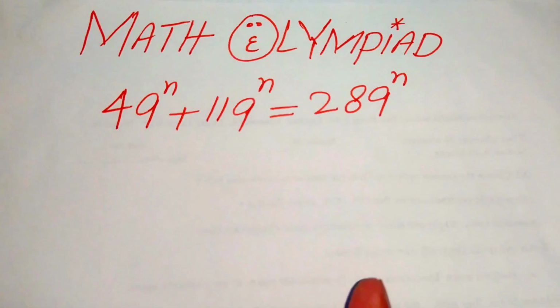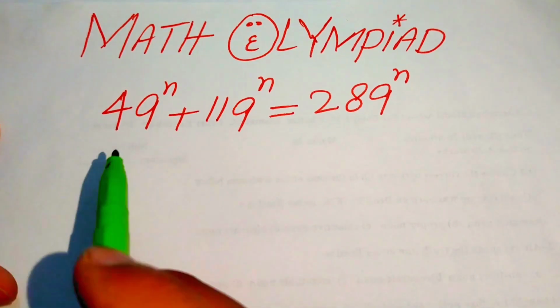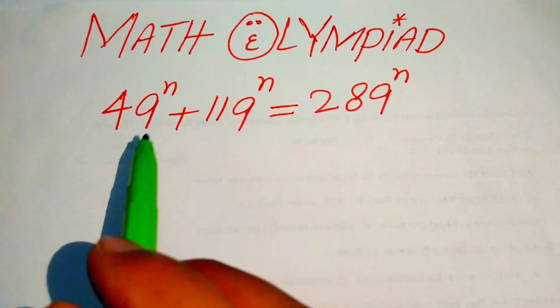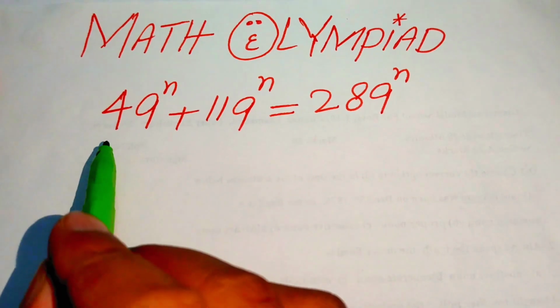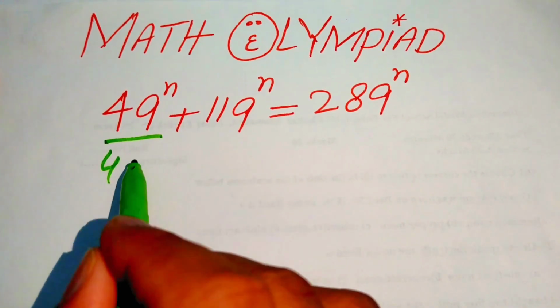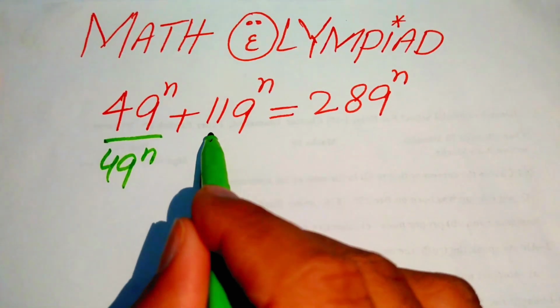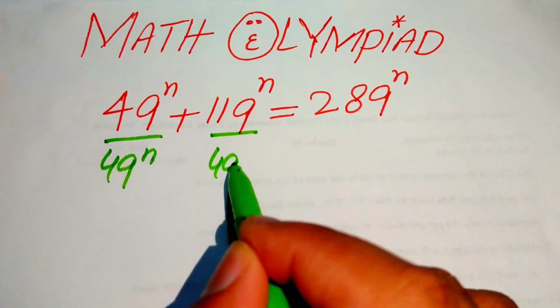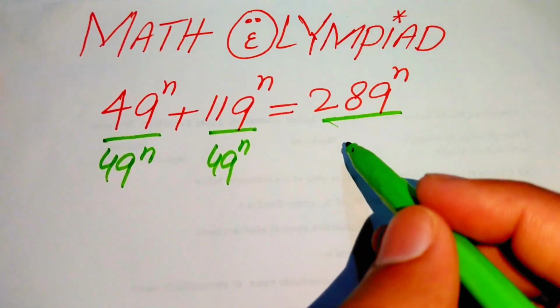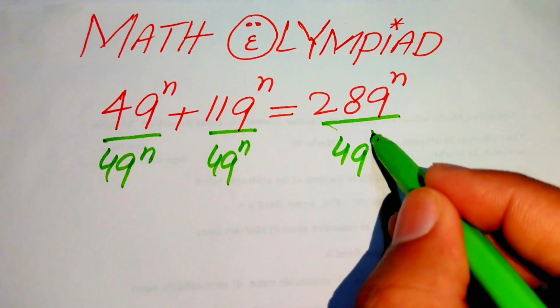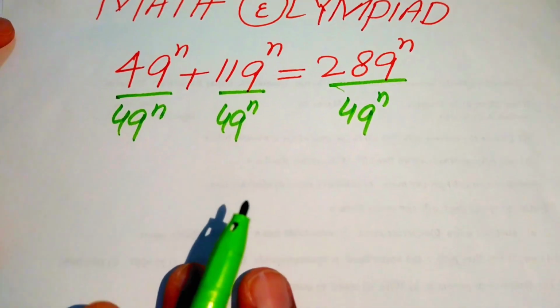The very first step we are going to do is divide both sides by 49 to the power of n. So we write it as 49 to the power of n. Similarly, we divide this term by 49 to the power of n, as well as this term by 49 to the power of n.